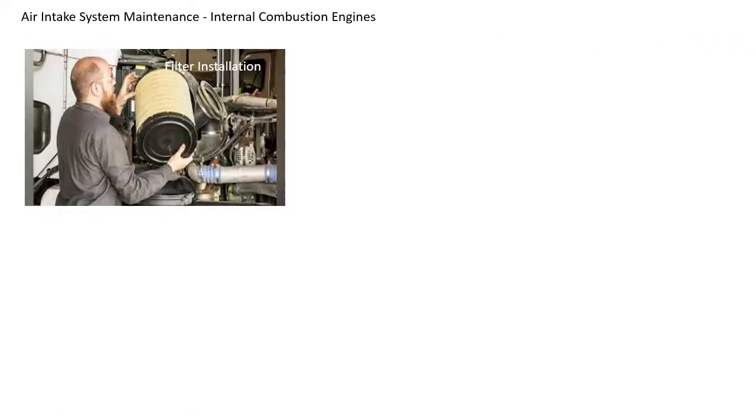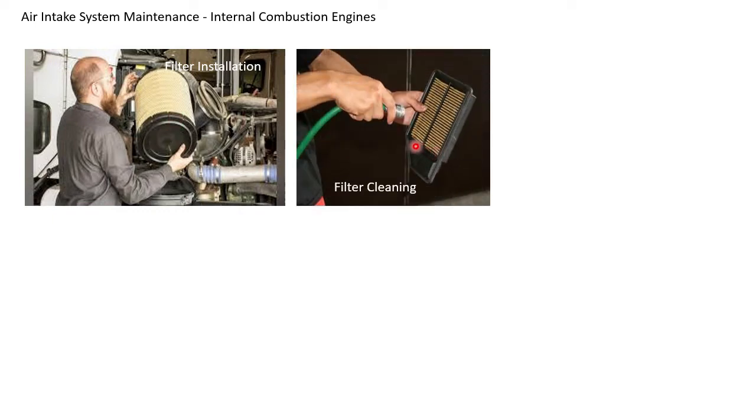There is an instrument called filter clogging indicator, provided in the majority of the present generation vehicles. Once we observe that the clogging indicator is indicating red, we have to open this filter carefully, clean the filter with compressed air of mild pressure, and the cleaning should be done from the opposite direction of the air passing.